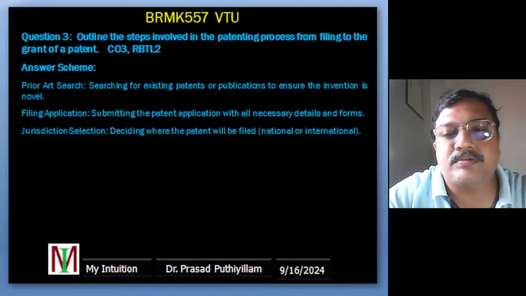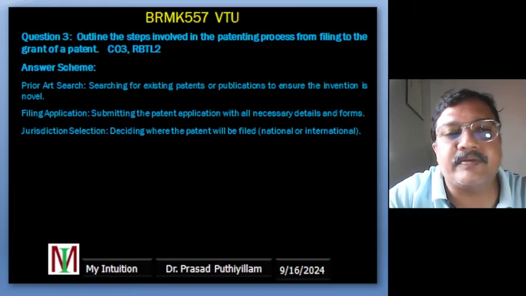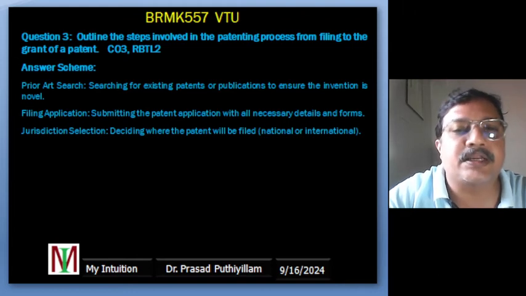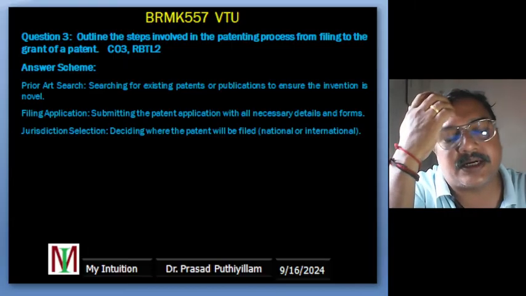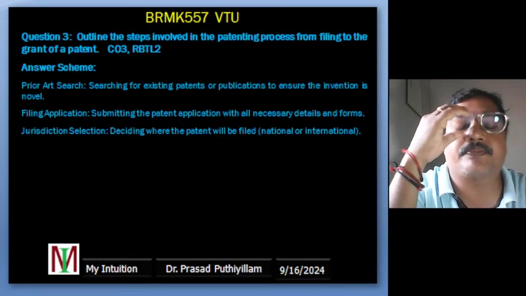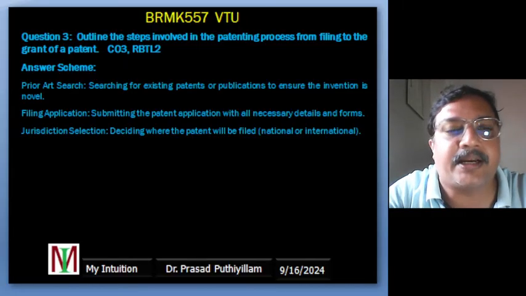Now, jurisdiction selection, deciding where the patent will be filed, either national or international. We have to decide in which countries or regions we want our patent to be protected.